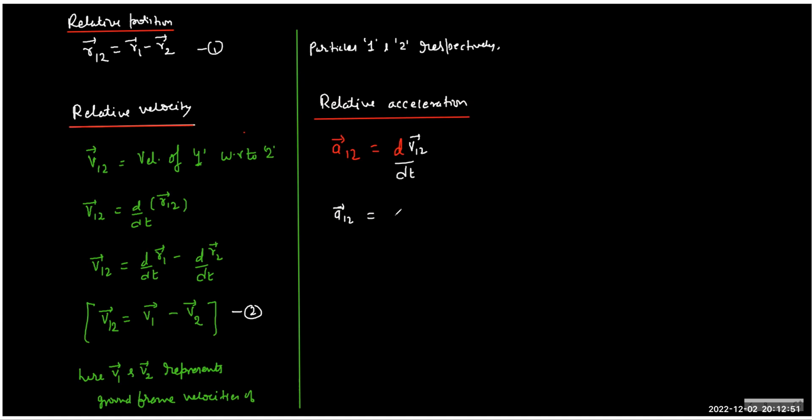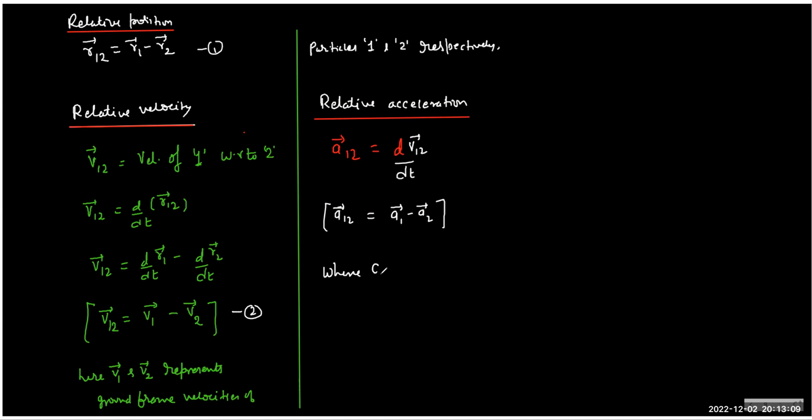V1 minus V2. Which means we can differentiate and get A1 minus A2. Yes or no? Yes, sir. Where A1 and A2 represent the absolute accelerations of each particle in the ground frame.